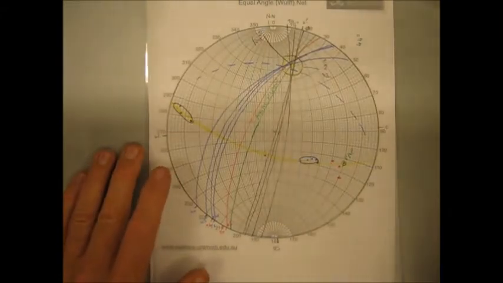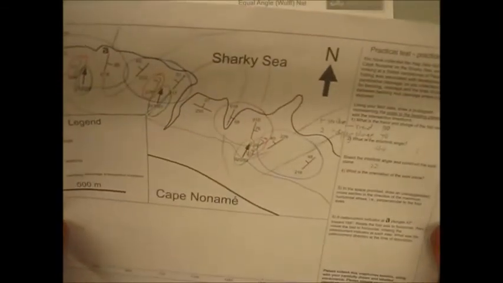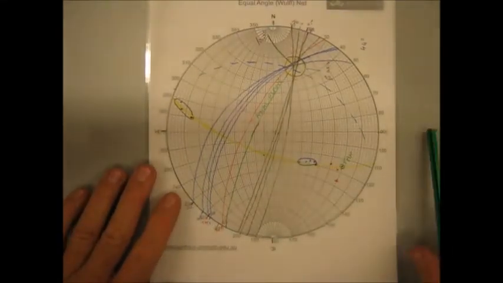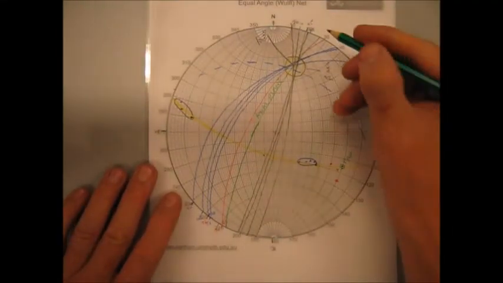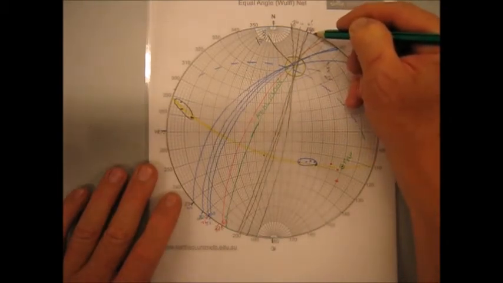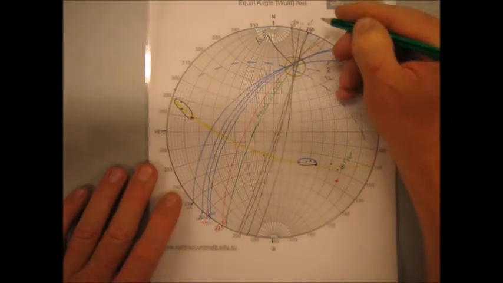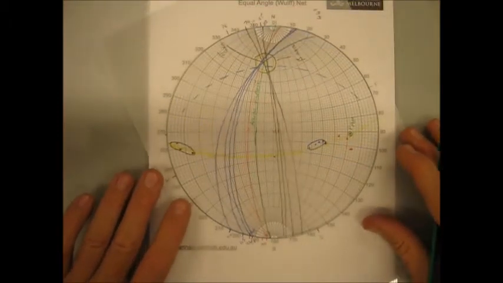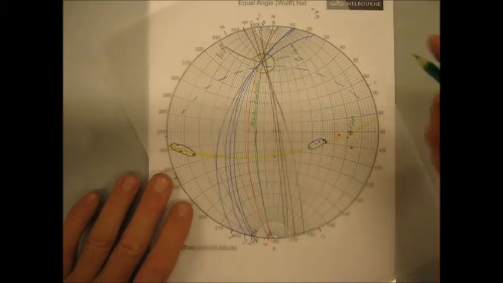Alright, so what is the orientation of the axial plane? Well, if I put that back north-south, I can see that it has a strike of 20, 22, 24, 26 degrees and a dip of 72 degrees.